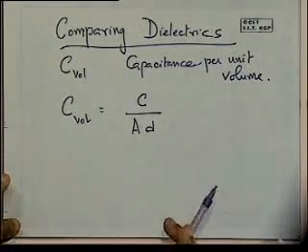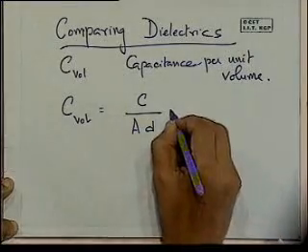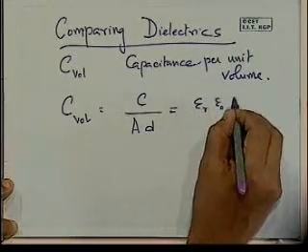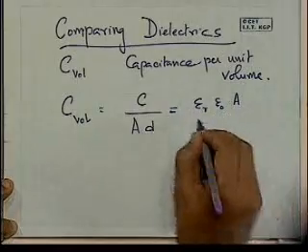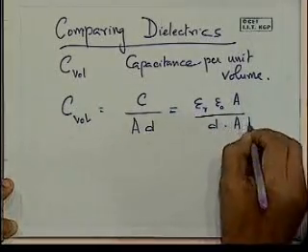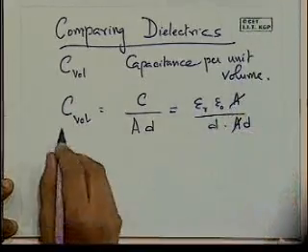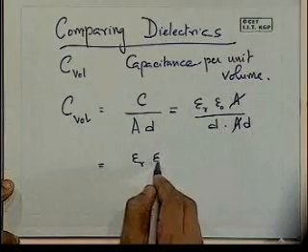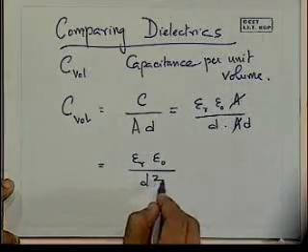Area times thickness is the volume. Now, if you recollect, what was capacitance? Epsilon R, epsilon naught A by D. And we're going to again divide that by AD, which leaves me with the capacitance per unit volume equal to epsilon R, epsilon naught by D squared.